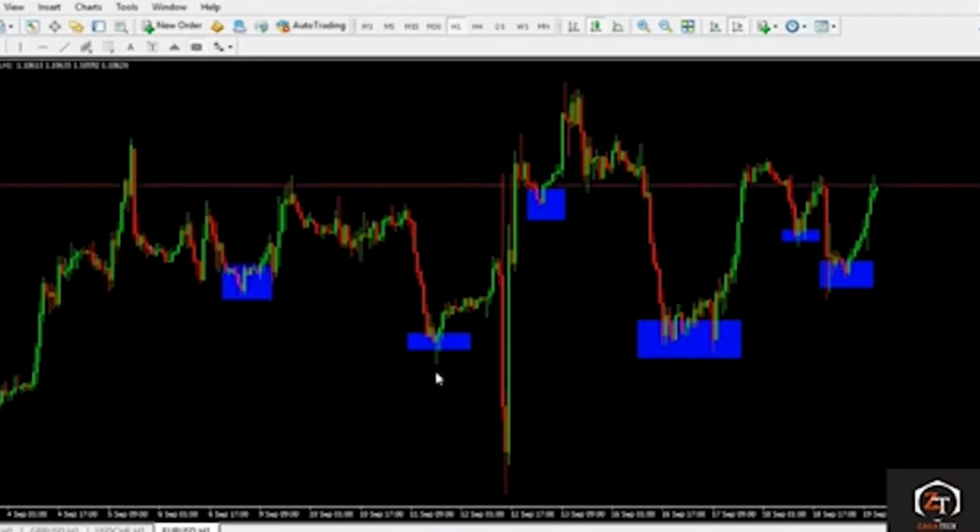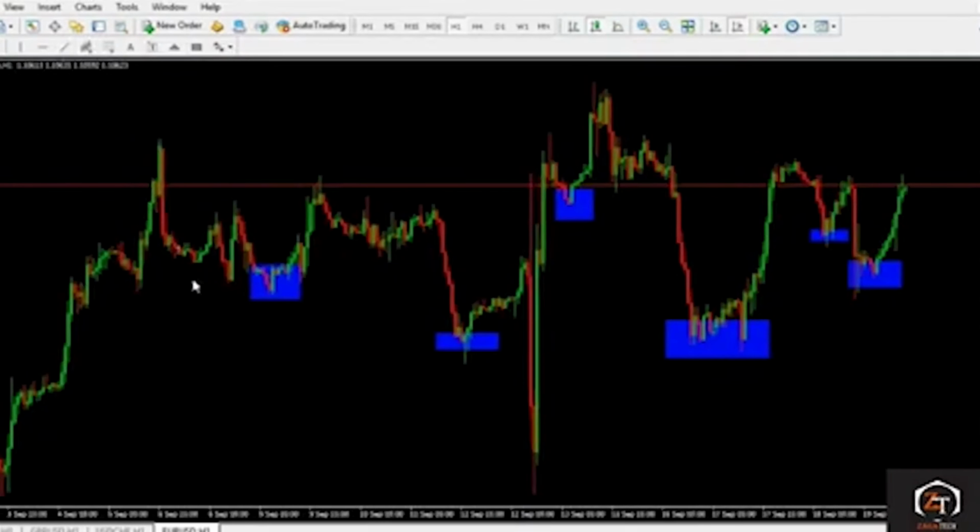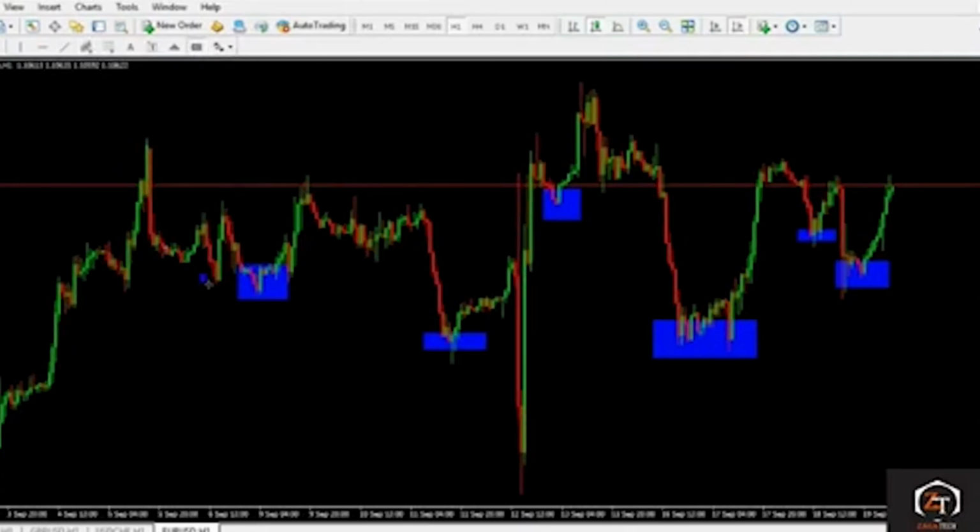Now let's take a look at another support, like this one here. See this? It's also a support. So what happens here now? The price came down, repelled up, came down again, bounced on this main line again, this main price again, bounced up again, came down and broke out through this area.